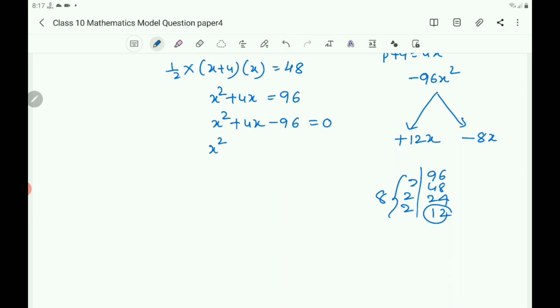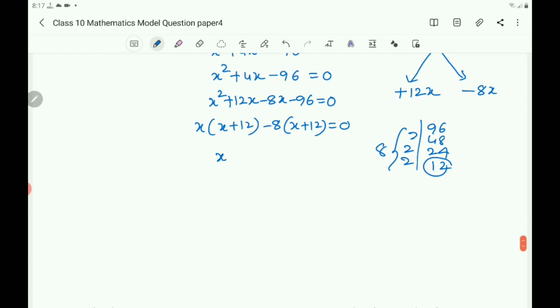So x square plus 12x minus 8x minus 96 equals 0. So you take x common. X into x plus 12 minus 8 into x plus 12 equals 0. Then you write x plus 12 into x minus 8 equals 0.